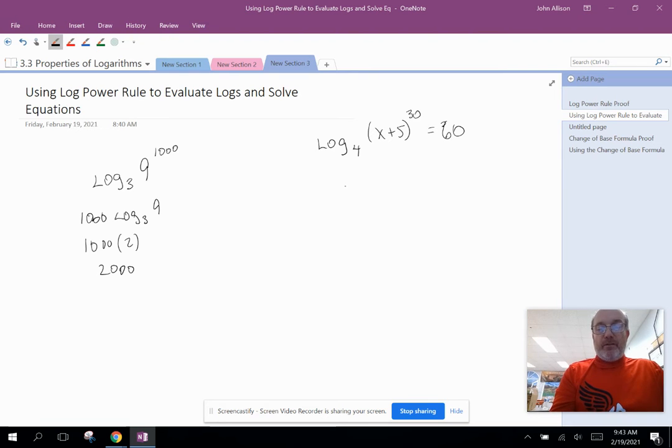Now, you could try to solve this and say 4 to the 60th equals (x plus 5) to the 30th, but you can find yourself with a whole lot easier numbers to manage.